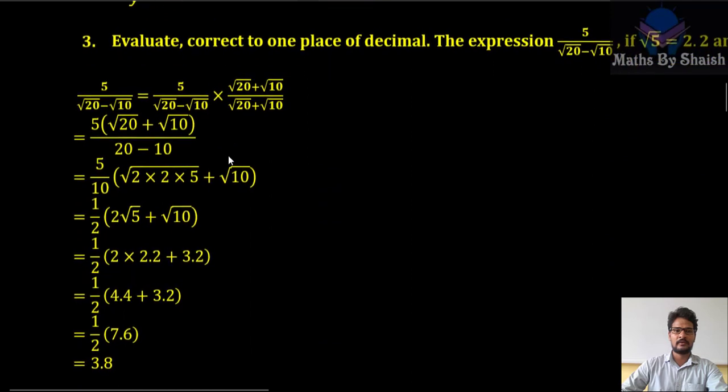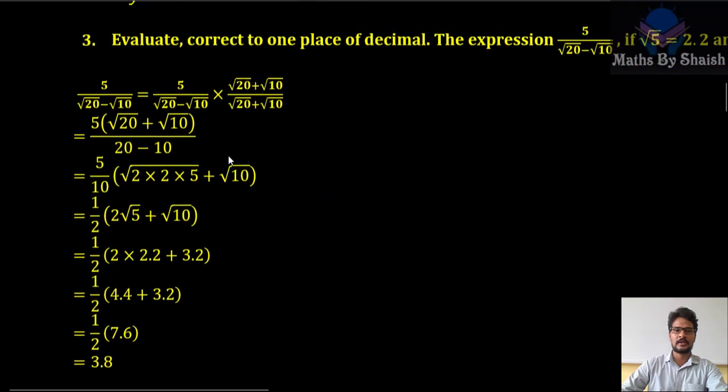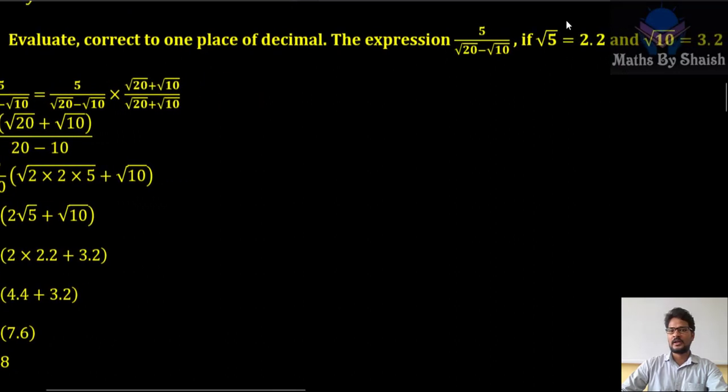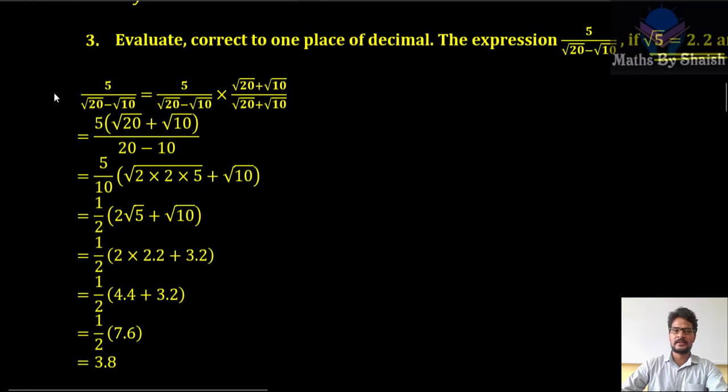We have to evaluate this expression correct to one decimal place, if root 5 is 2.2 and root 10 is 3.2. These two values are given just to simplify this value. Since we have the denominator, rationalization is required so that we can ease our calculation.